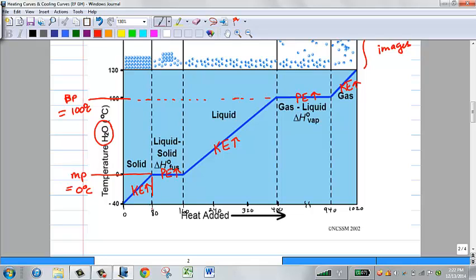I can read off the x-axis the difference between this number and this number. 160 minus 80 is 80. This is in calories.